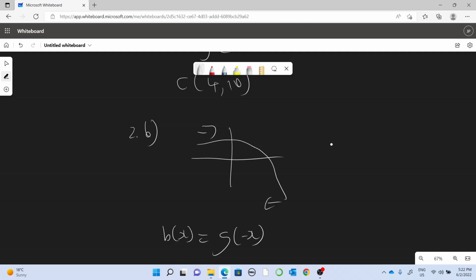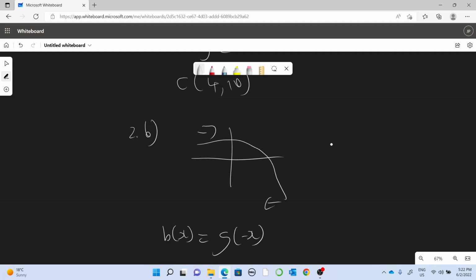So I need to change the sign of x because I'm reflecting over the y-axis. You should see the y-axis as a mirror almost, and the reflection will turn around. It's the same as when you look in a mirror: your right hand will be left, and your left hand will be your right hand. And that's basically what happens.